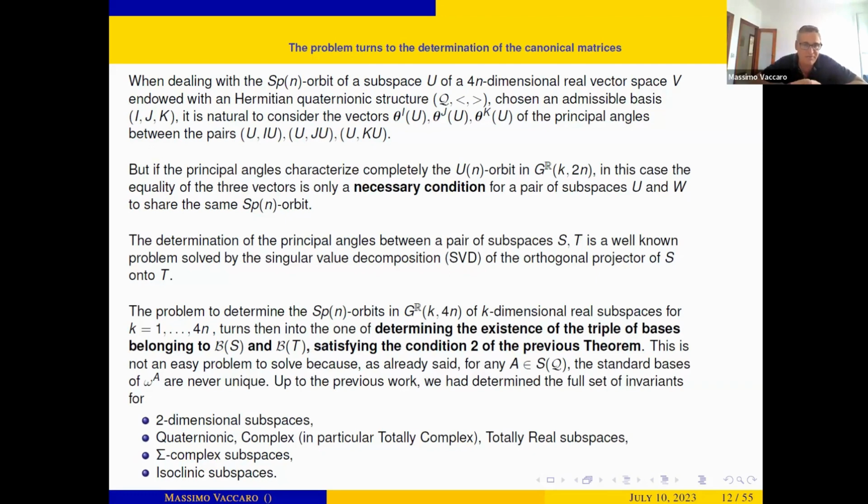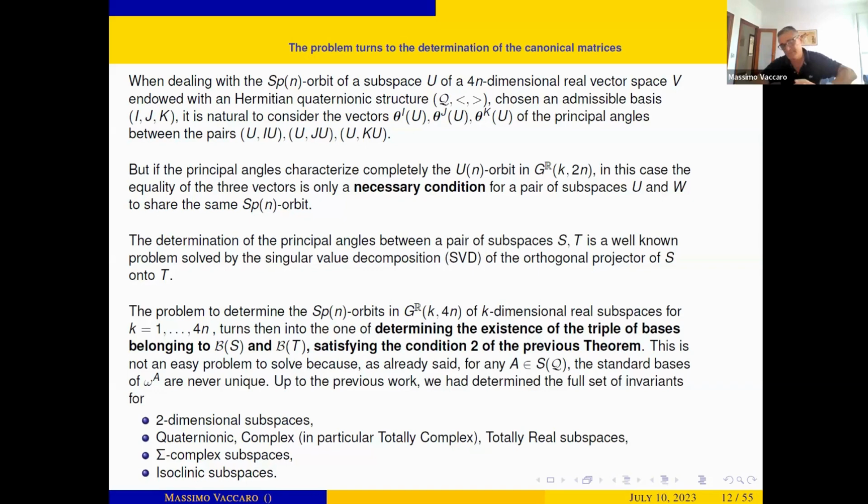I mean, I could give the full sets of invariants of a generic subspace. I managed it because I already had the study of isoclinic subspaces, and now I realize that these isoclinic subspaces can be used and are the solution for any generic subspace. Okay, this is the idea.